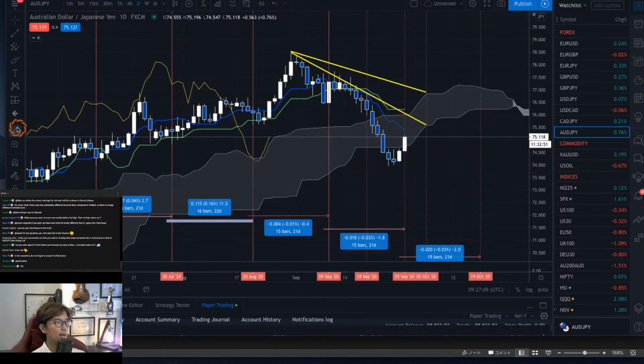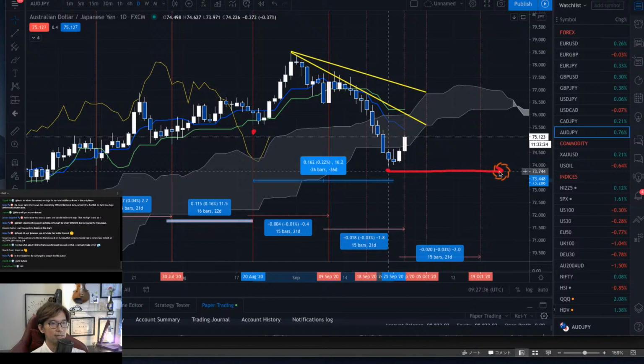Maybe we can go backwards to the previous low, and we find that this is 26 bars in between, which is one of the Kihon Suchi numbers. So between this low and the previous low on the 25th of September, this was a 26-bar interval. So we can expect the next low can be 26 bars afterwards in this time cycle, right?